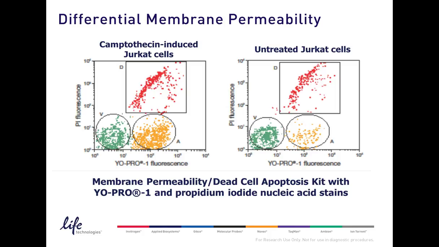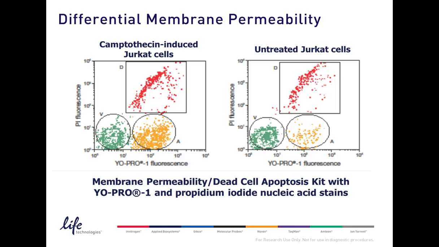As I mentioned earlier, there are two different aspects of membrane permeability in apoptosis. There's the complete loss of membrane integrity that is the hallmark of both late apoptosis as well as necrotic cell death. But there's also a much less well understood differential membrane permeability, and it seems to be specific to certain dyes. One of them is the dye Yo-Pro. On the right this time we have untreated cells.